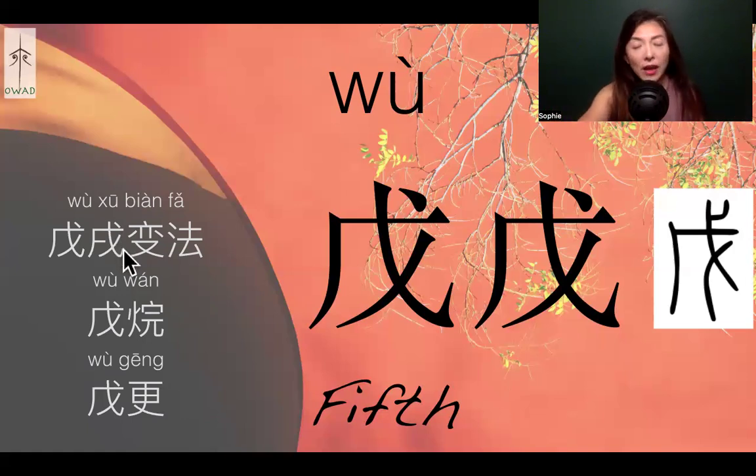And then 戌 is the 11th zodiac sign that maps to the dog sign. That's almost the end of the sequence of the zodiac animals. So 戌, we call it 地支, earthly branch. So 天干 versus 地支, heavenly stem versus earthly branch.